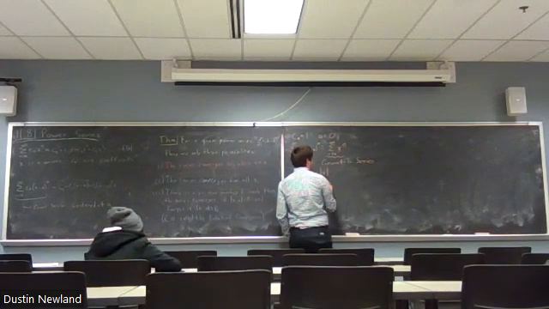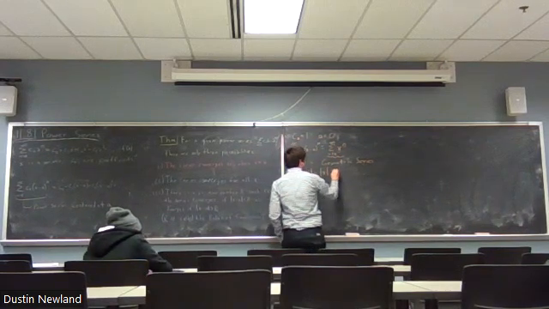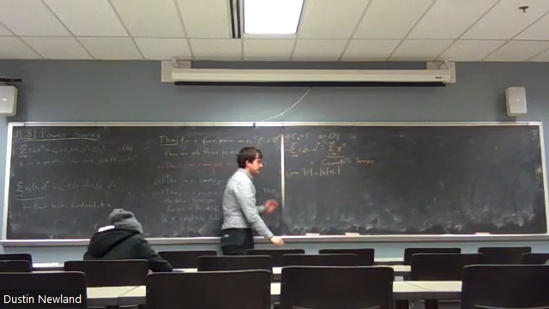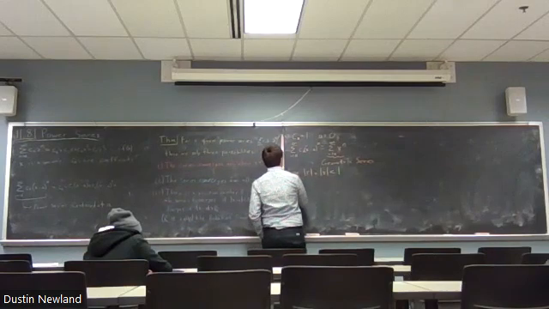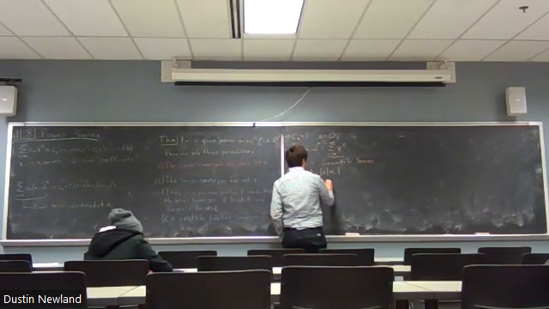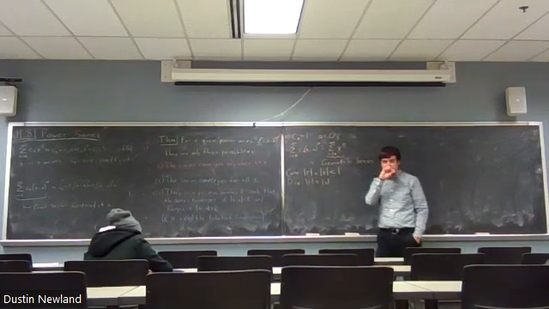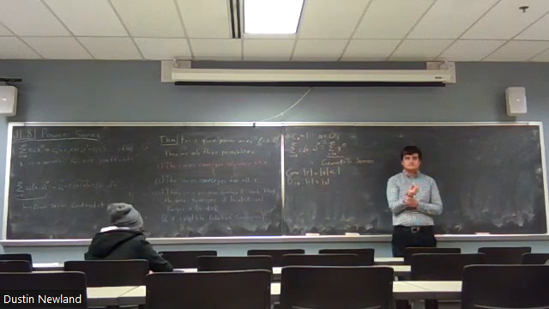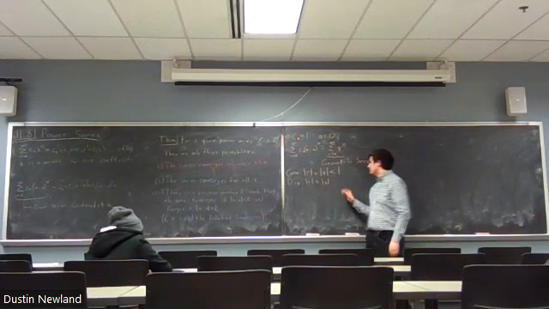If it converges, it needs to be less than 1. And it's going to diverge when the absolute value of r, which again is x, is greater than or equal to 1.